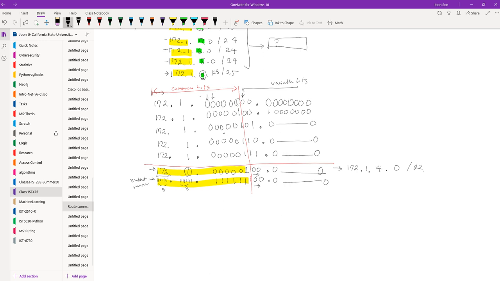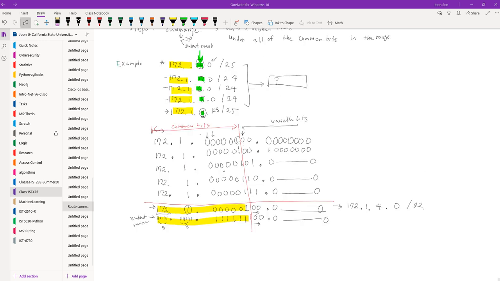And then 22 means basically 255.255.255... no, actually not 240, 252, right? So 255.255.252.0, right? Okay, for the summary route you usually use prefix notation. Okay, so that's the answer.